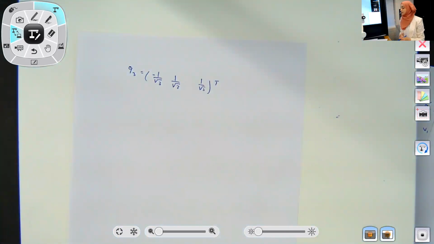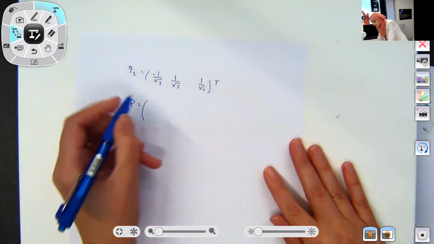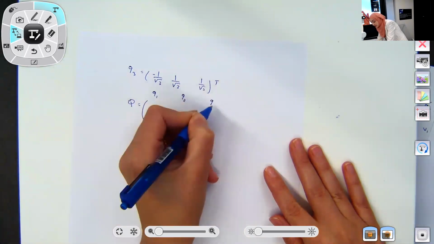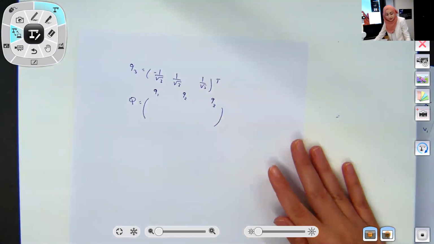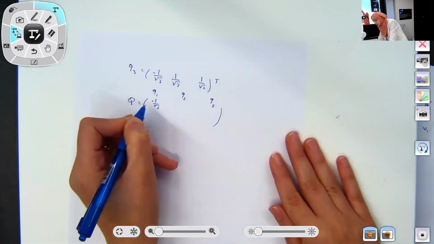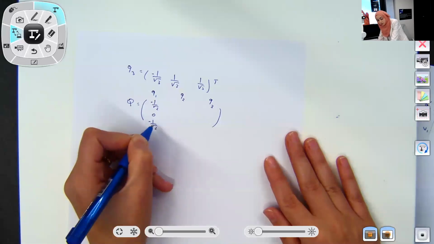Now we can write the matrix Q with the 3 vectors. The first vector is Q1, the second vector is Q2, and the third vector is Q3. The value of Q1 is minus 1 over square root of 2, 0, and minus 1 over square root of 2.